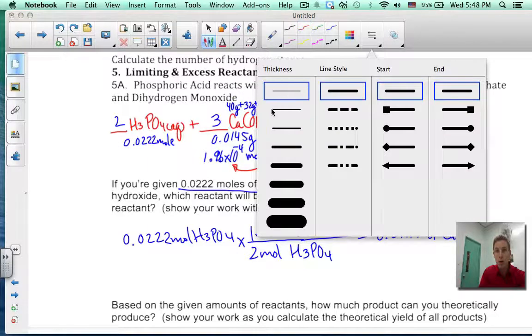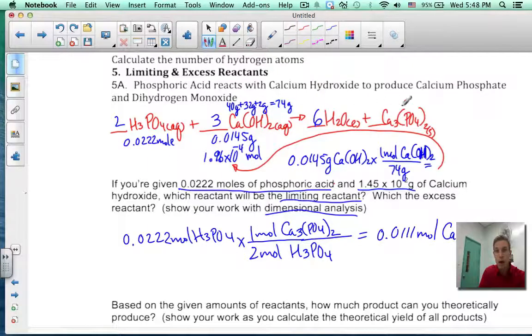But as you know, what we need to do is figure out how many moles of calcium phosphate we can make if we use all of the calcium hydroxide. I'm going to put it in scientific notation because it's such a small number.